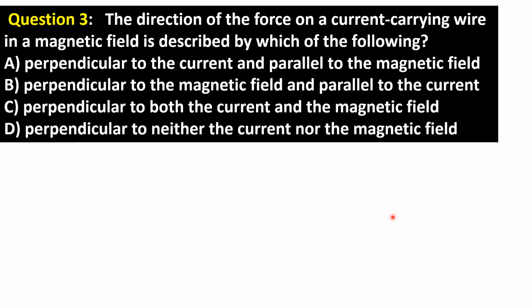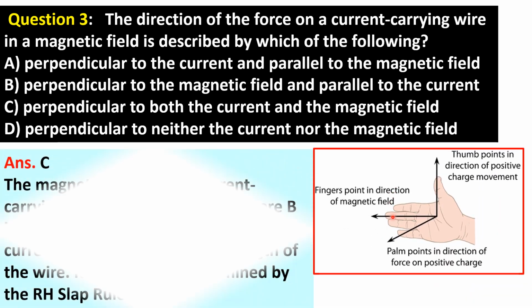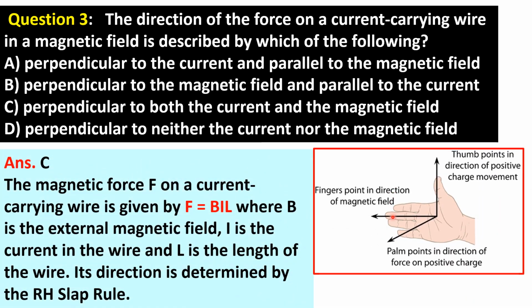Just like in the case of Oersted's experiment, there is a need for us to describe the direction of the magnetic force produced. So we will represent each of these quantities using again our right hand rule, but we don't call it the right hand grip rule anymore.